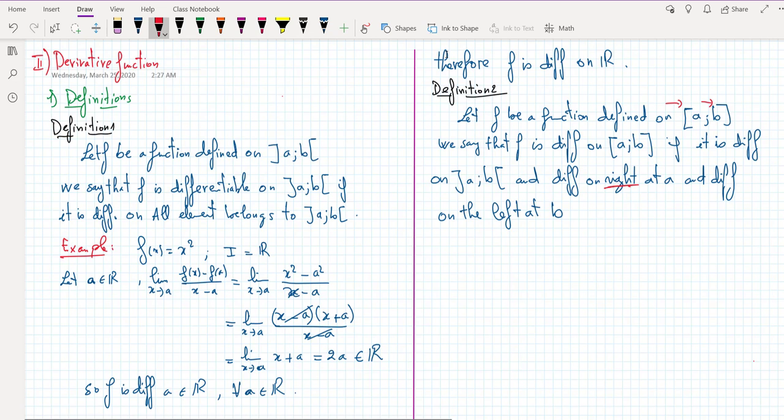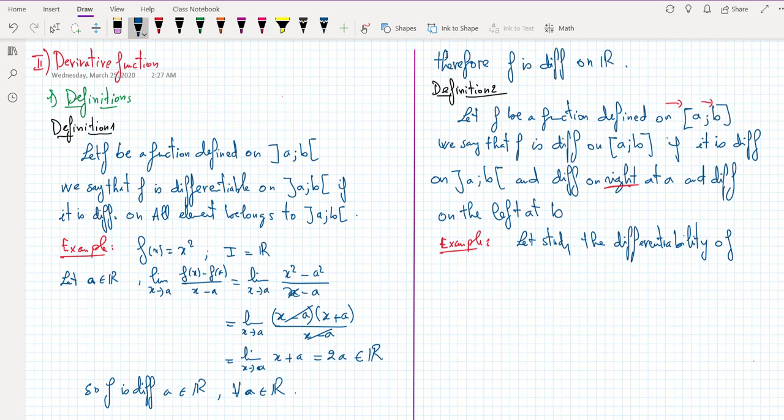Let's take another example. Let's study the differentiability of f(x) equals root x on the interval 0, 1.